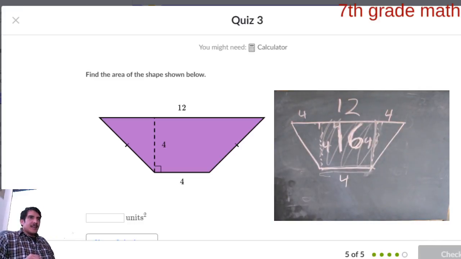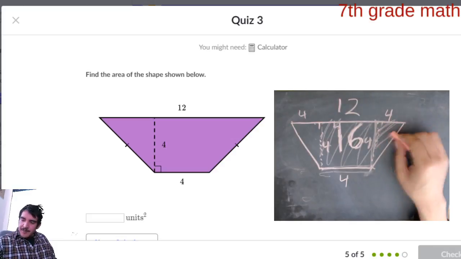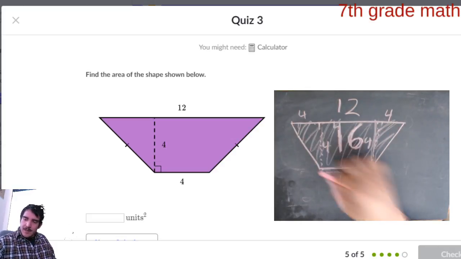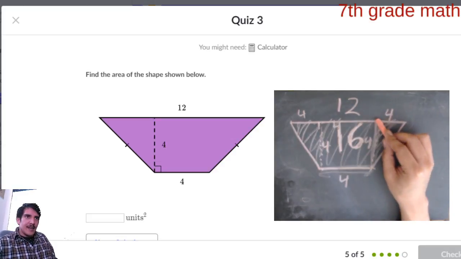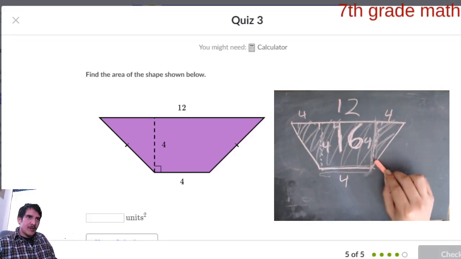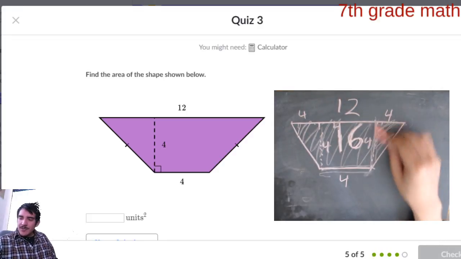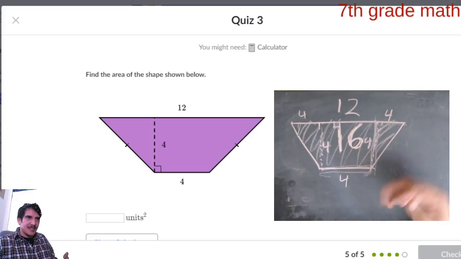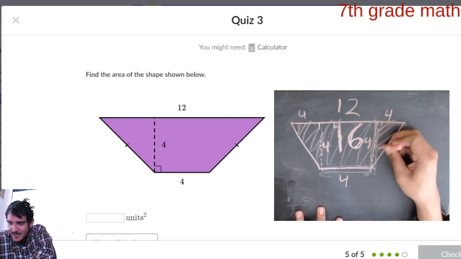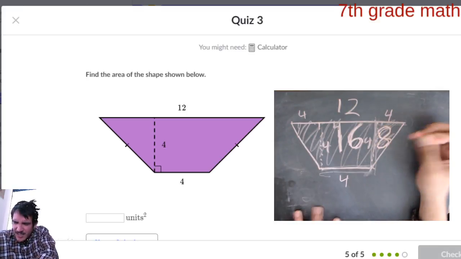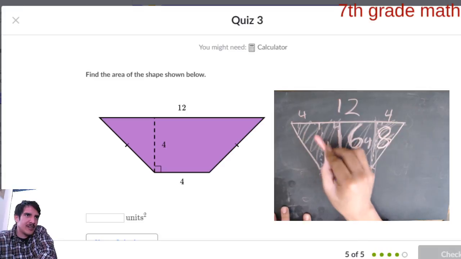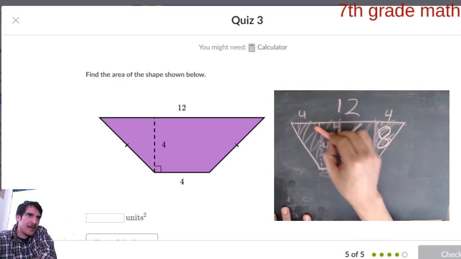16 square units. Then we're going to do these areas here. Okay? So this is a 4 by 4 triangle. So we're going to do 4 times 4, but then we're going to cut it in half because it's a triangle. So 4 times 4 is 16. Half of 16 is 8 square units. And then over here, this little triangle is also 4 by 4.